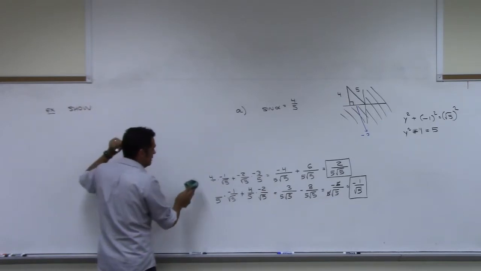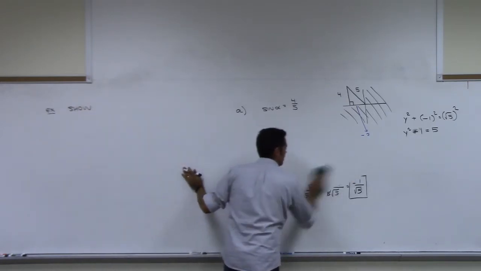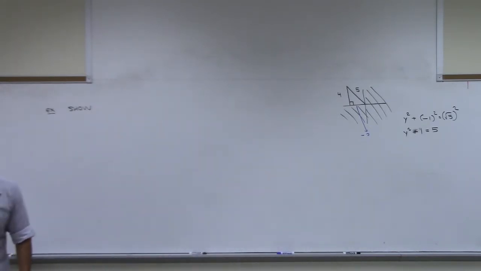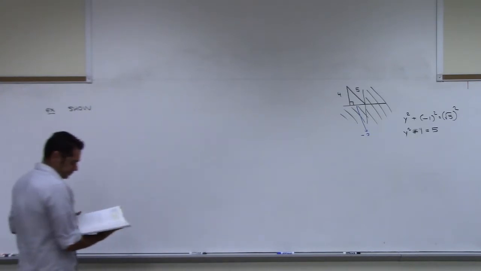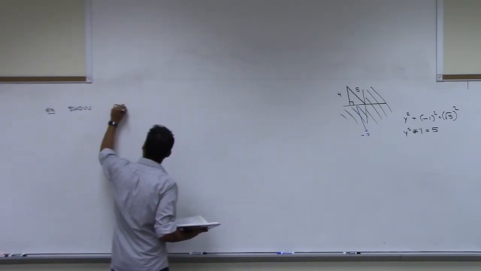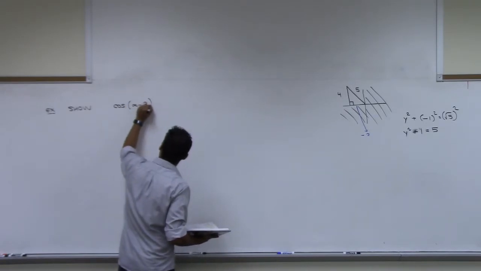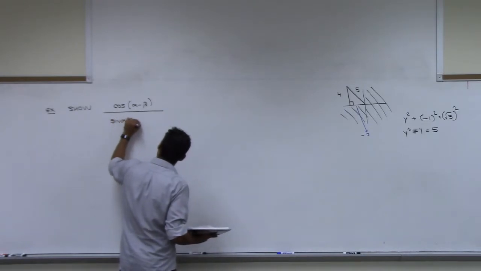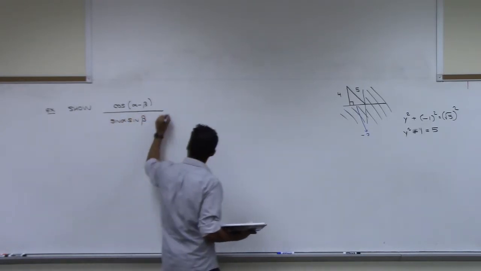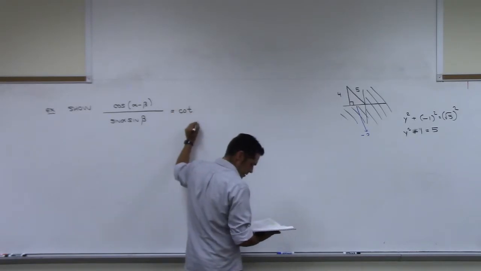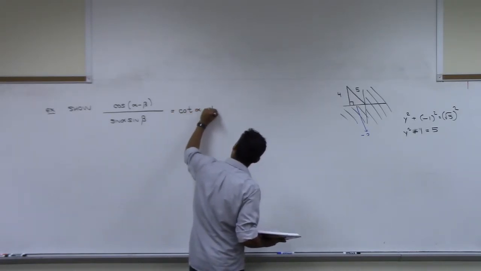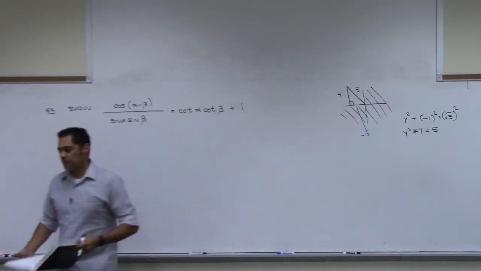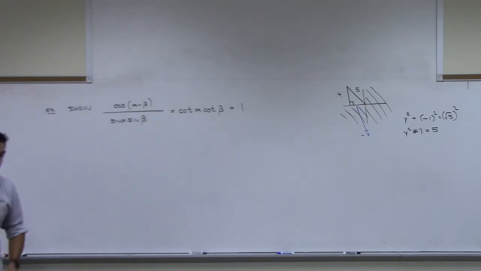Show cosine of alpha minus beta over sine alpha sine beta equals cotangent alpha cotangent beta plus 1. That's an identity. We must show it's true.